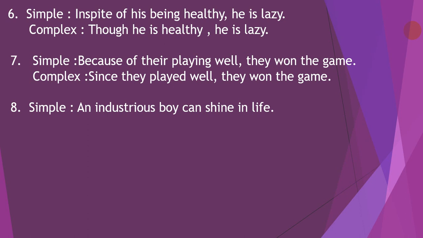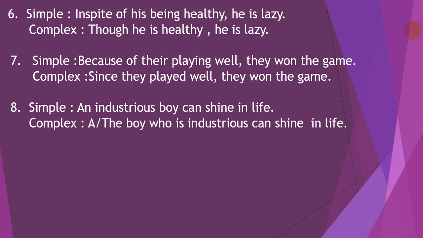According to the rule, at first we will write article "a" or "the" plus noun, then the relative pronoun "who" plus verb plus adjective will be used. After that, from the verb to the last word will be set. Now the complex sentence is: A or the boy who is industrious can shine in life.